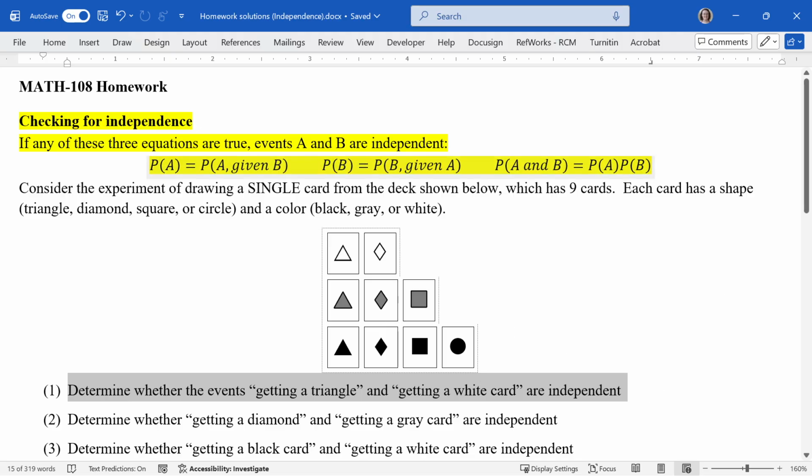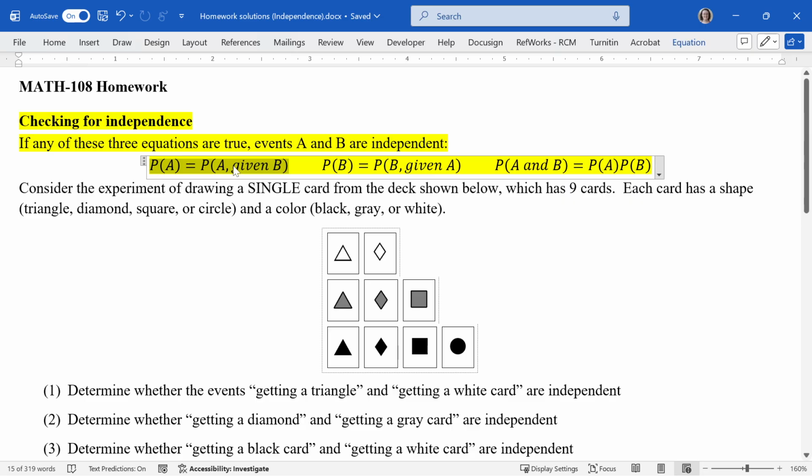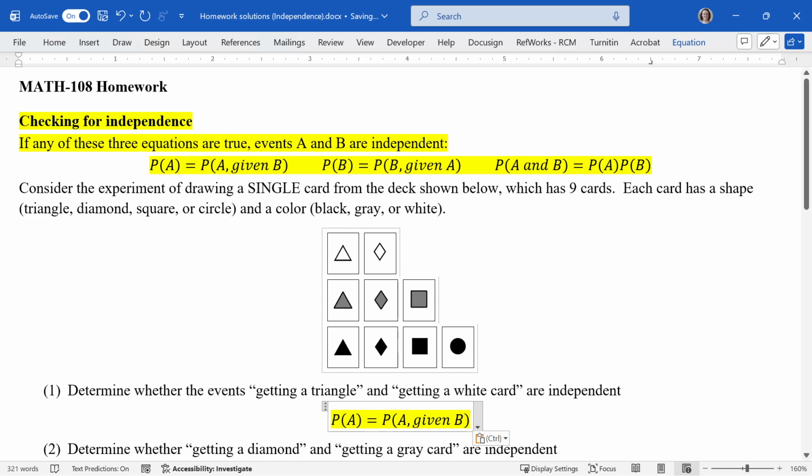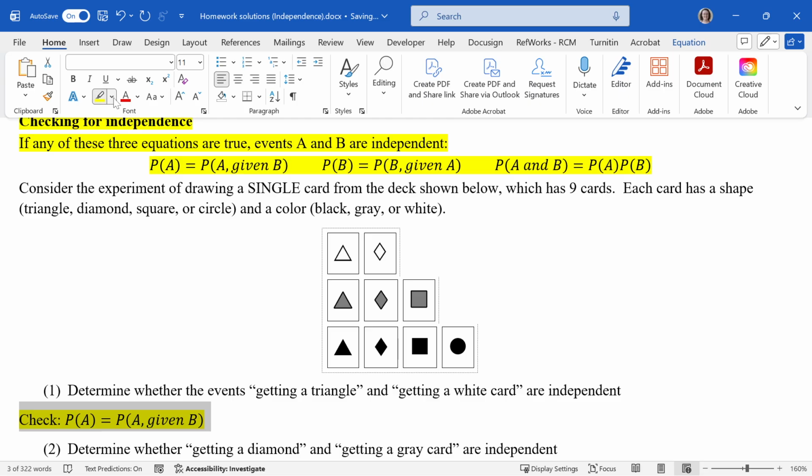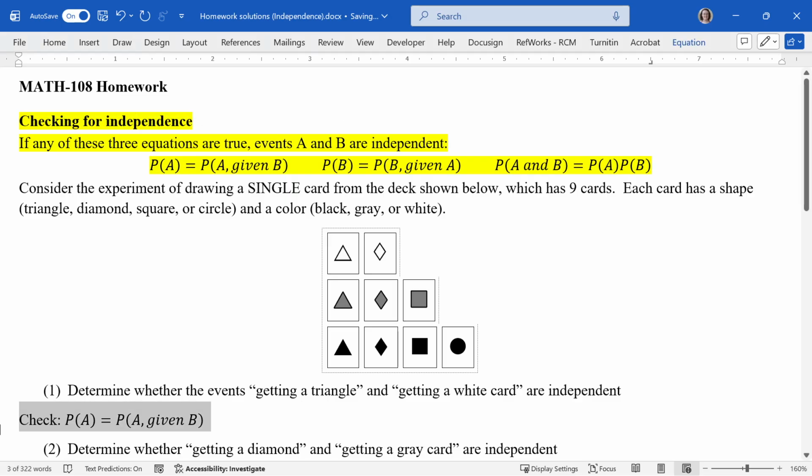Okay, so I'm just going to try the first way of checking, this first equation here. So I'm just going to check whether this equation is true. To check whether an equation is true, you need to calculate both sides and then just see if they're equal or not.